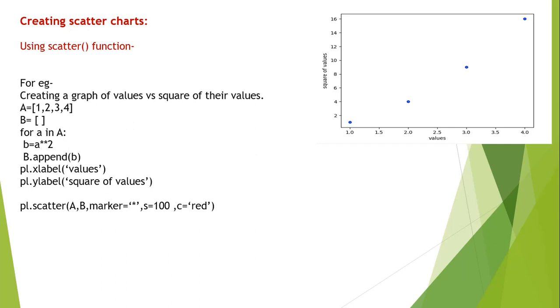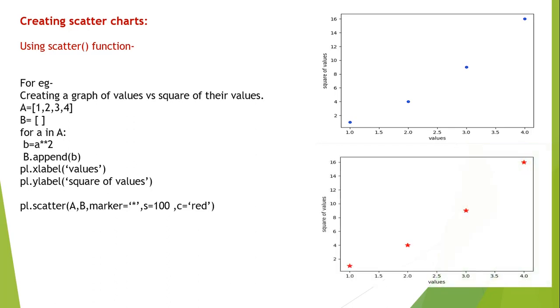Okay, so be very careful with this. What we have given here is that marker style should be asterisk, size of the marker will be 100, color of the marker will be red. Now let's see the output here. On the x-axis the label is still the same, that is values. On the y-axis the label is square of values.